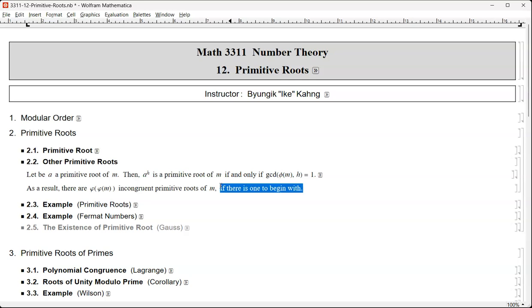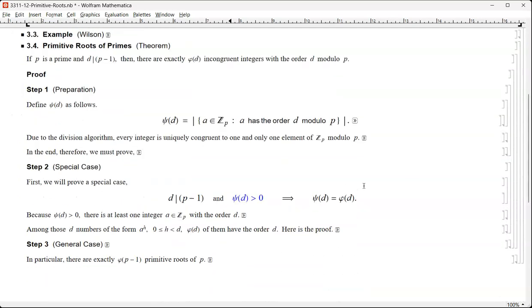That corresponds to this condition, if there is one to begin with. If this is non-empty, which is, such an a exists. So let's go from there. There is at least one integer a in Z_p with the order d. There is one to begin with.